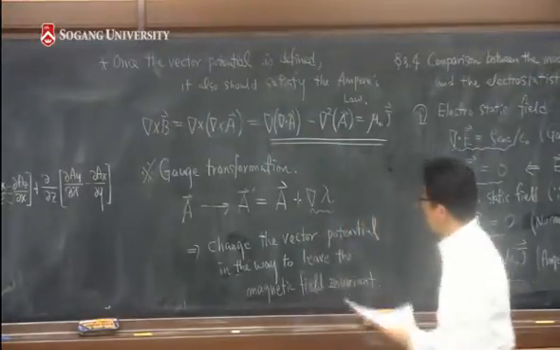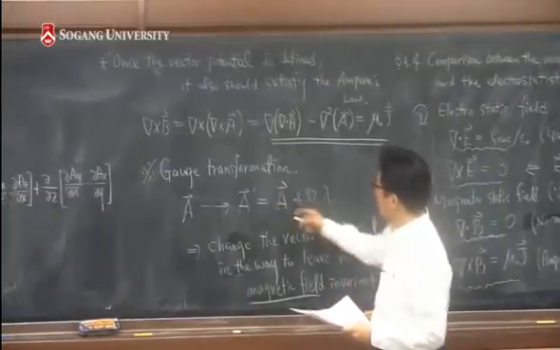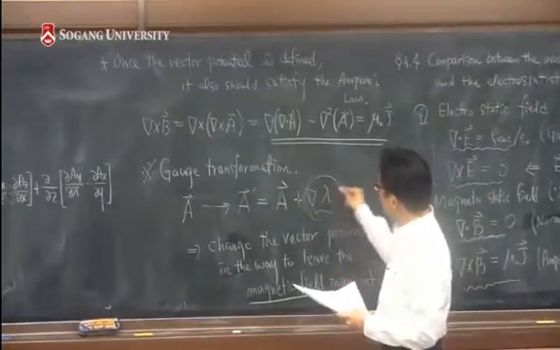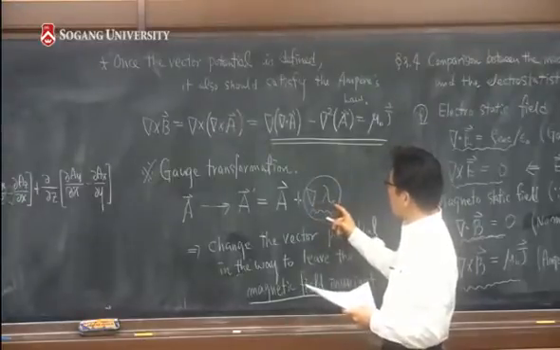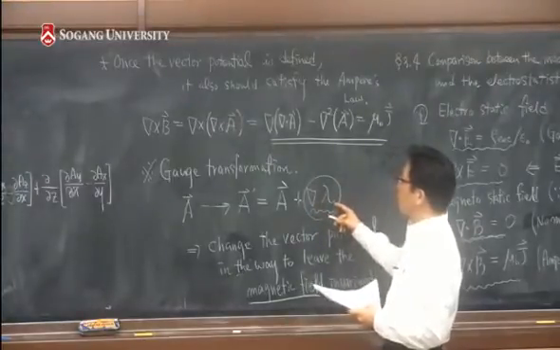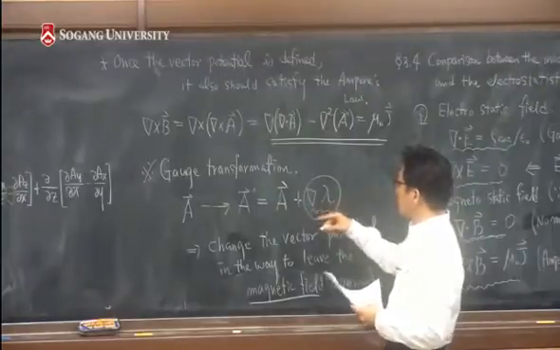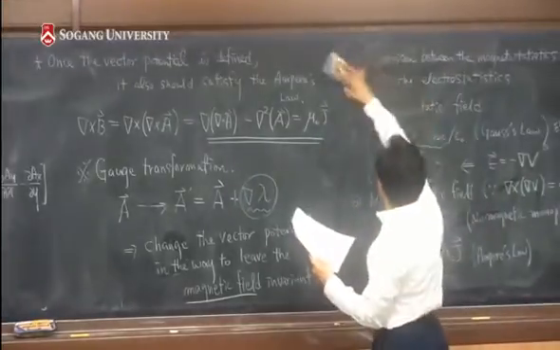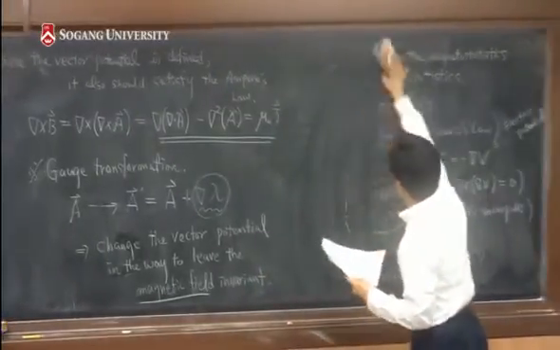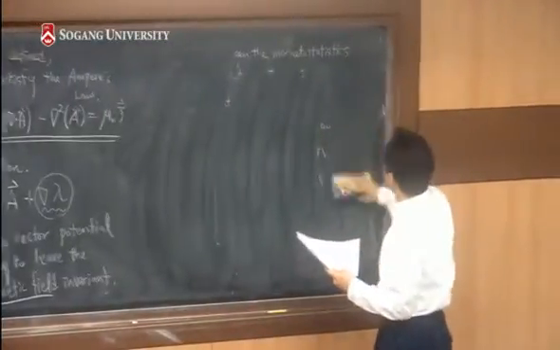Okay. So the magnetic field is not changed even if your vector potential changes by this amount. This amount is arbitrary, so lambda is an arbitrary scalar function and its gradient is applied to it. Okay. And why that is so can be easily justified.